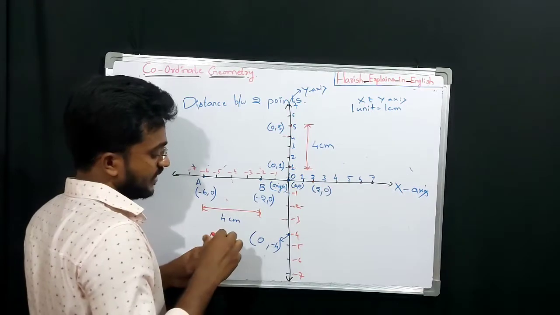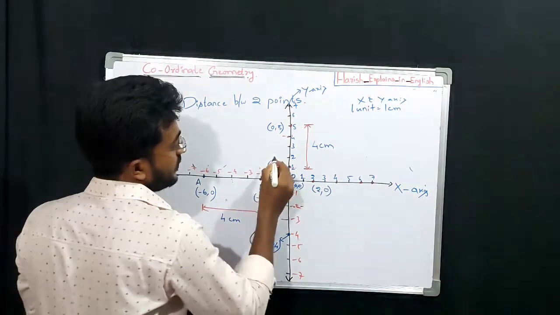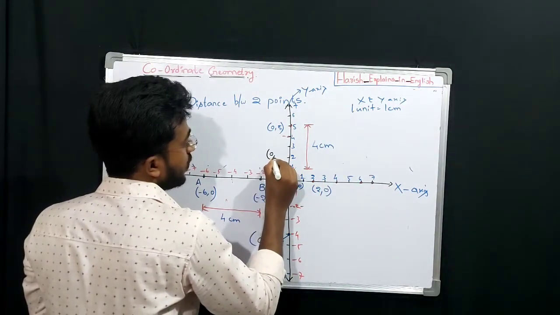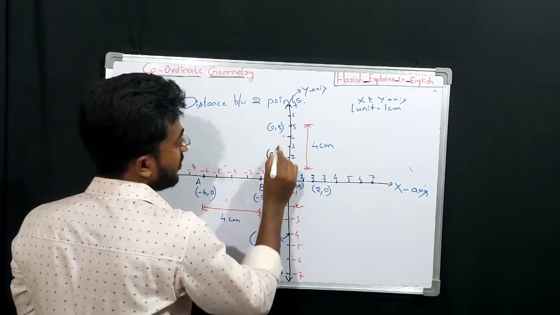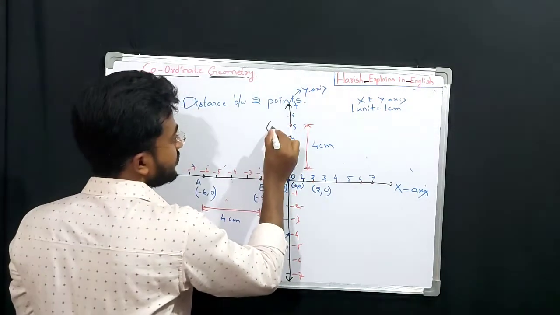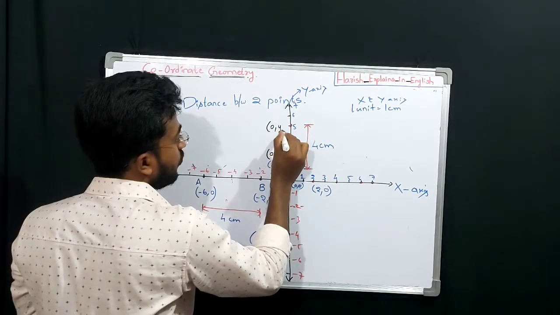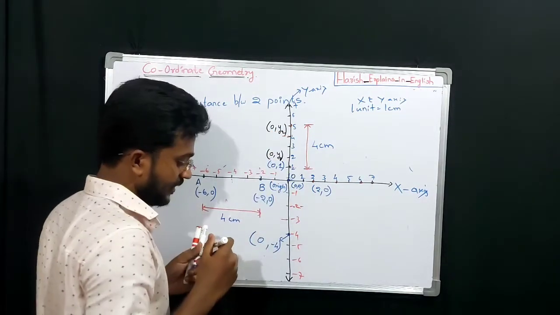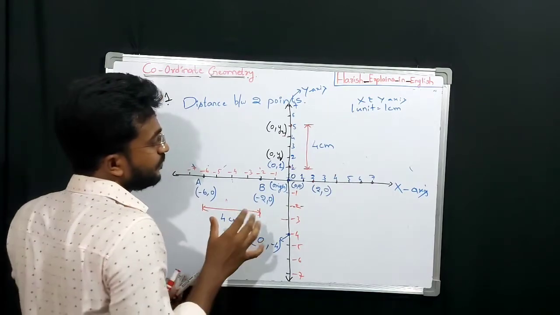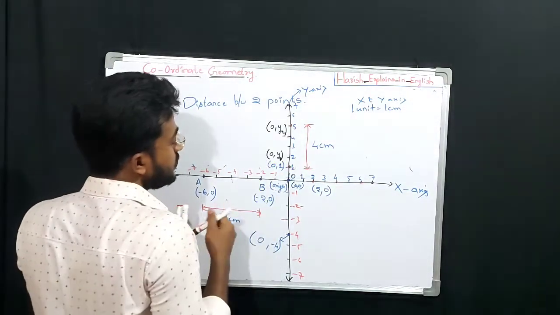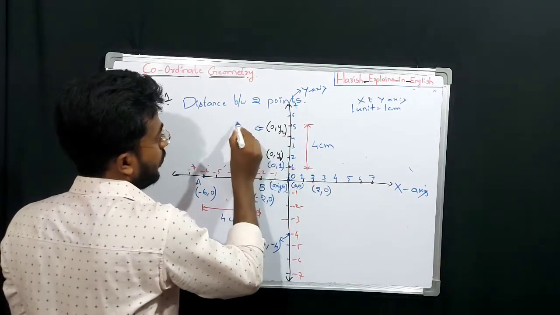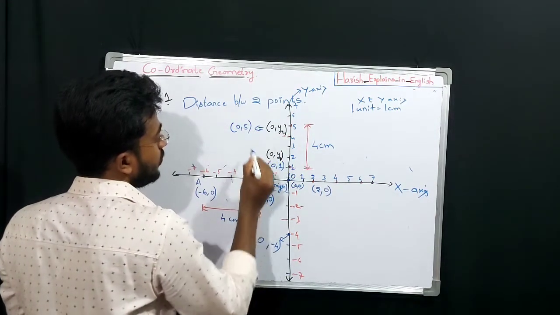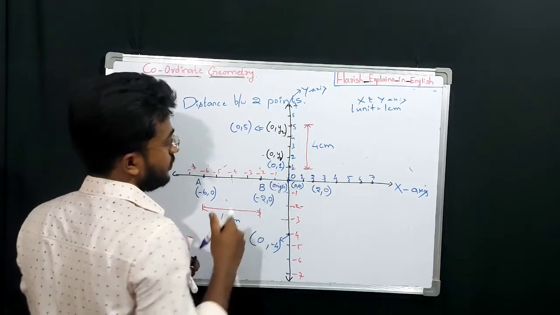Let us consider this as 0 comma y1, and this one as 0 comma y2. If you check this, y2 is nothing but 5, right? y1 is 1.